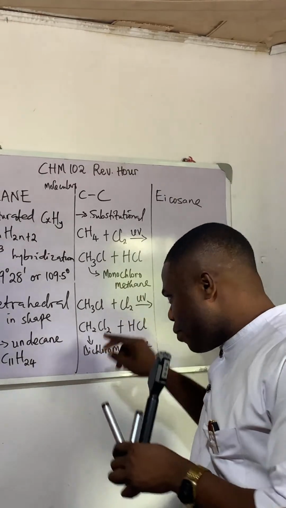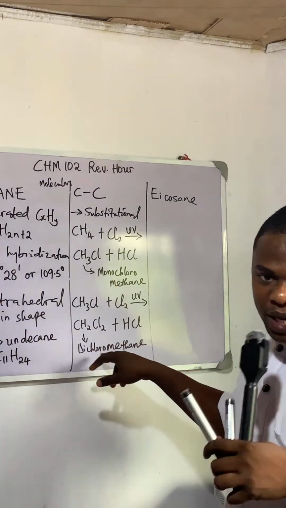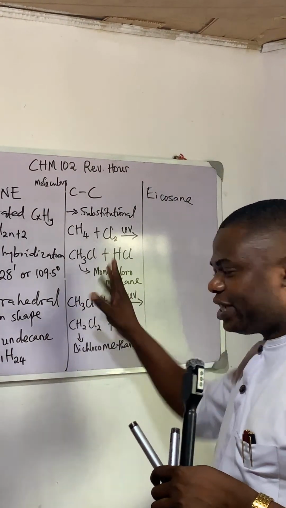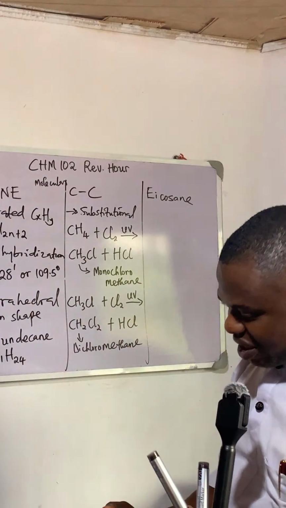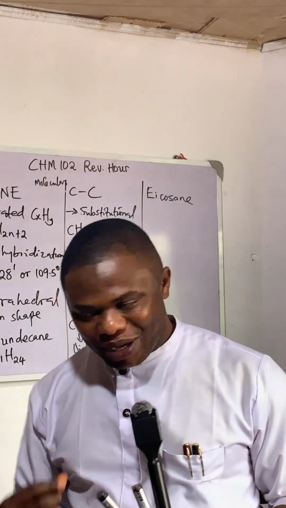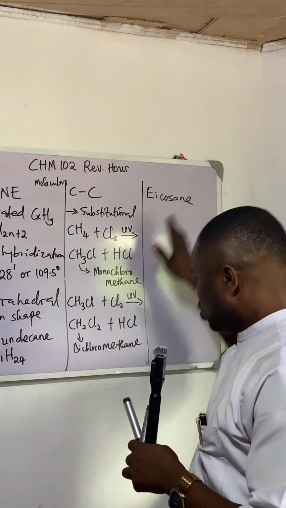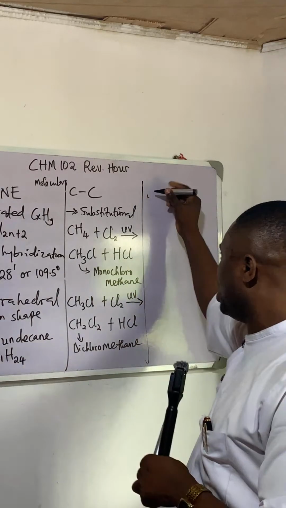I said the second product formed is going to be what? Dichloromethane. Don't forget, this is just like a chain reaction. It keeps taking place. That is why there are 3 stages: chain initiation, chain propagation, and chain termination. The next one is that this dichloromethane will still go into reaction.